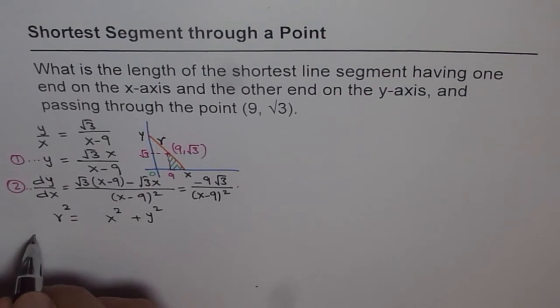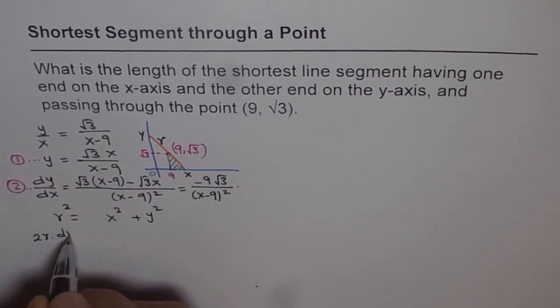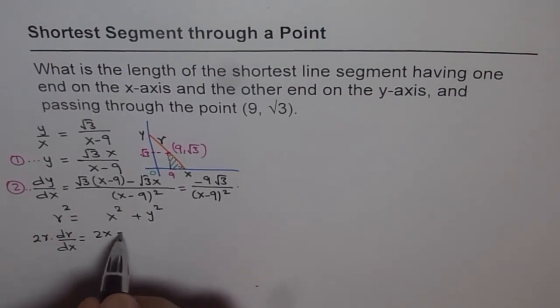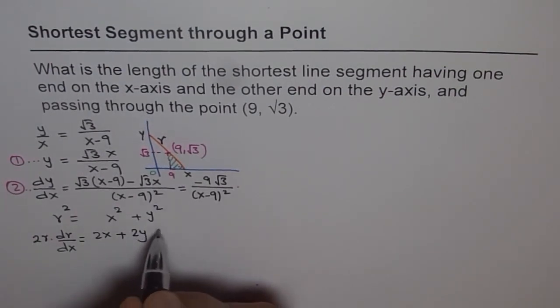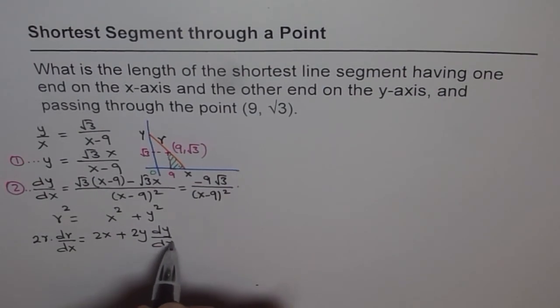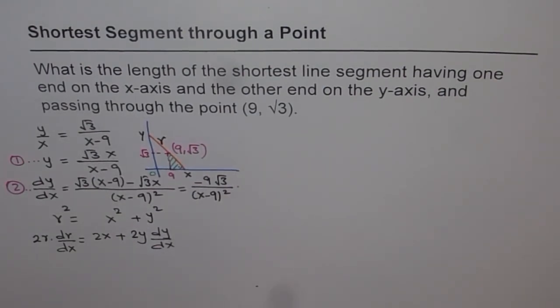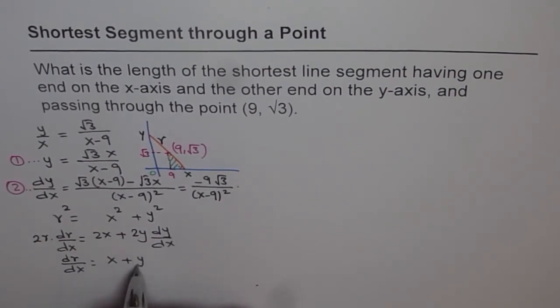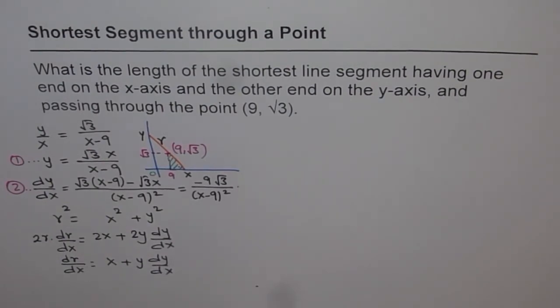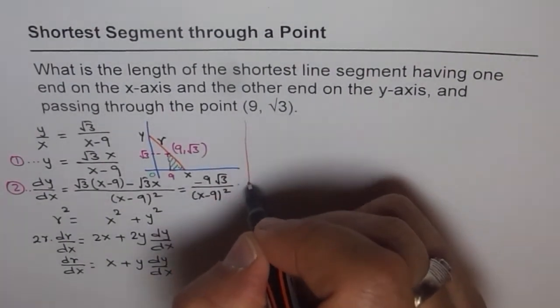So we get 2r dr/dx equals 2x plus 2y dy/dx. We can cancel out 2 and simplify a bit more. So we get r dr/dx equals x plus y dy/dx, correct?